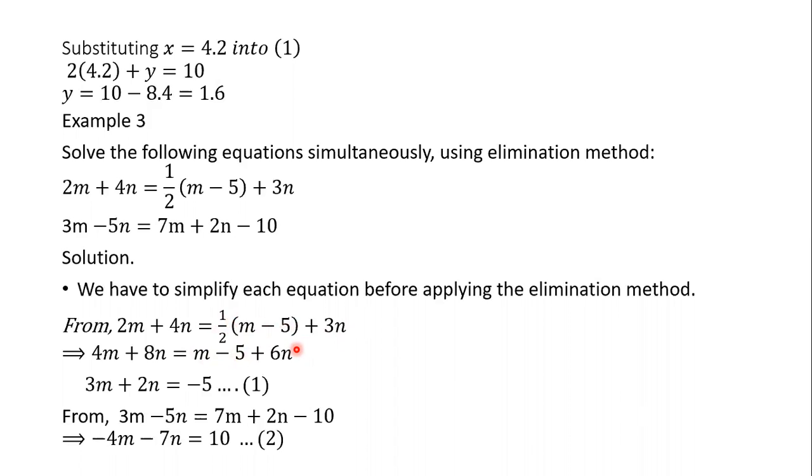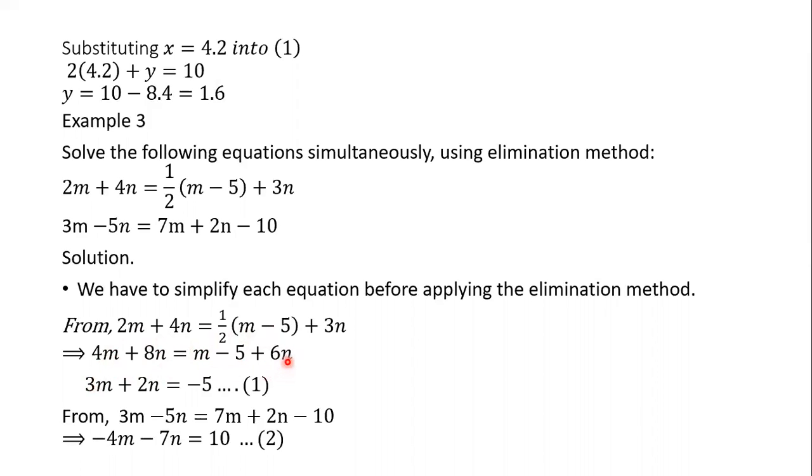Now let's simplify them into the form a1x plus b1y equals c1. We can now group like terms, sending m to one side and n to the other. When m goes to the left, it becomes 4m minus m, which is 3m.